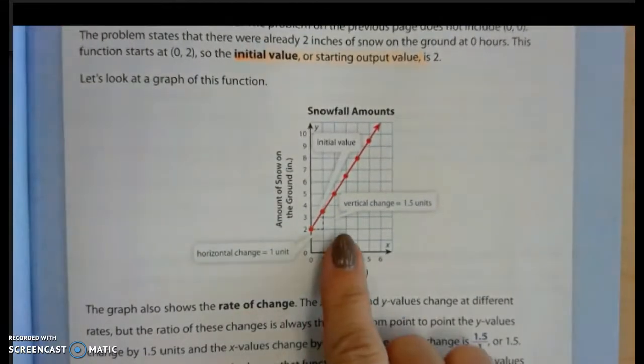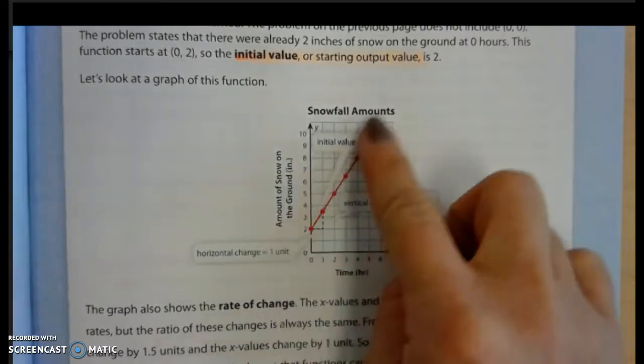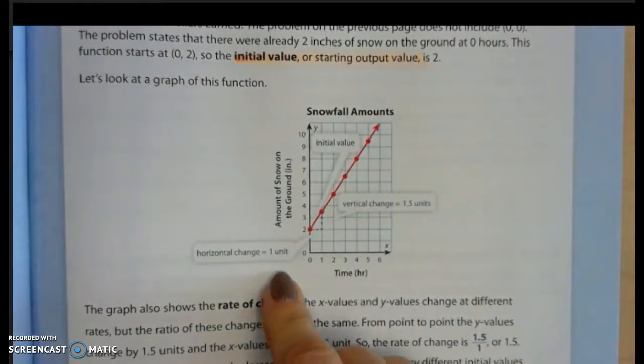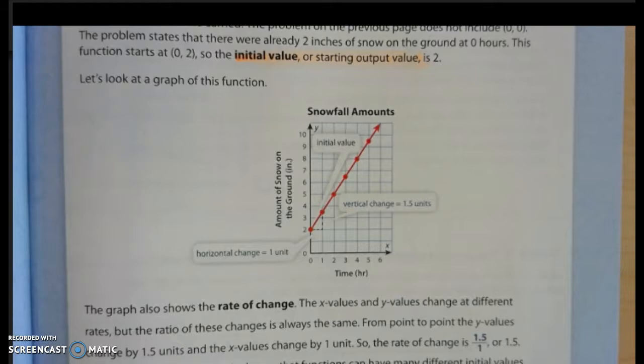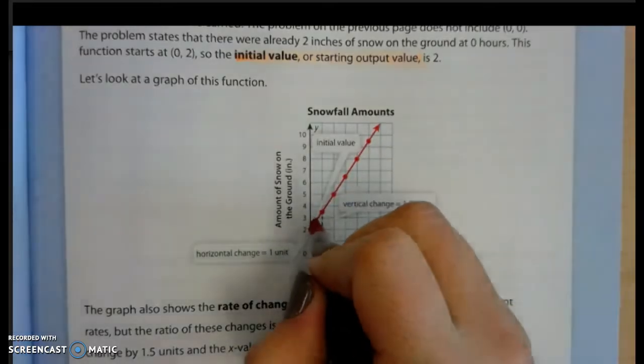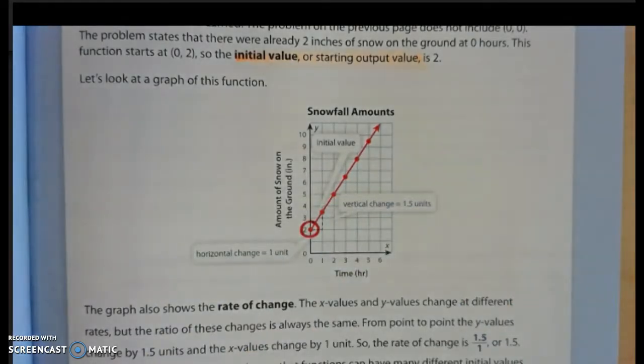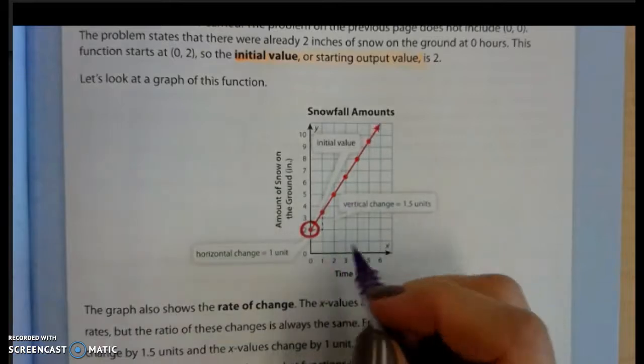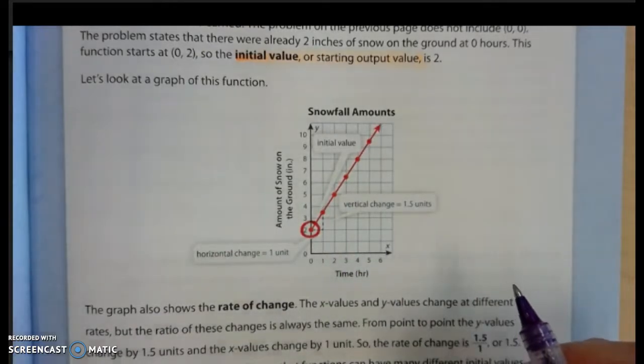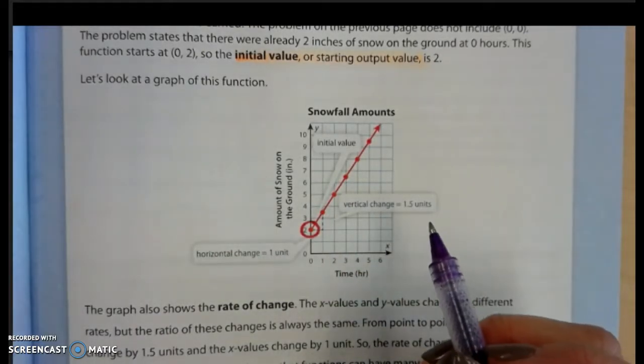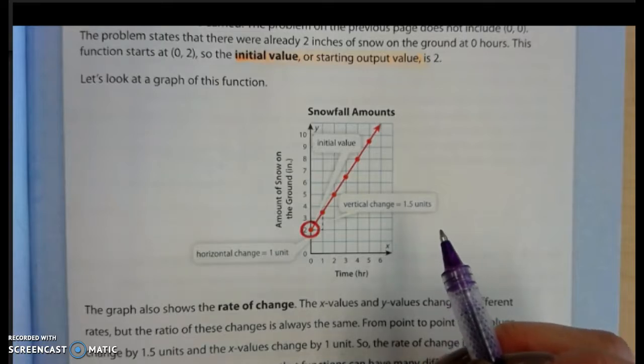Now, the snowfall problem on a graph, they've just taken their table and made a graph. Notice that the initial value, the starting amount, is right here. That's your initial value. Notice its location. Your initial value will always be on the y-axis. The initial value is the point where your graph crosses or touches the y-axis.